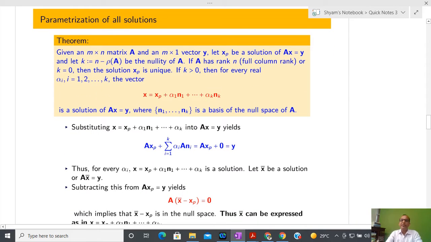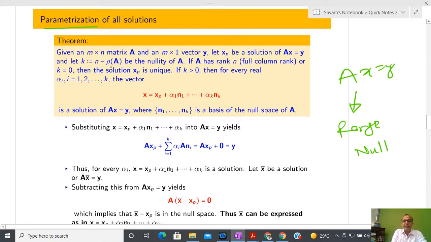Now let us come to the solution. Whenever I am going to solve these two, I have at least two different spaces: one is the range space and another one is the null space, or some kind of nullity. With the help of these two, I can define the complete solution. That is what I mean by parameterization: I am going to express the solution in terms of some parameters.